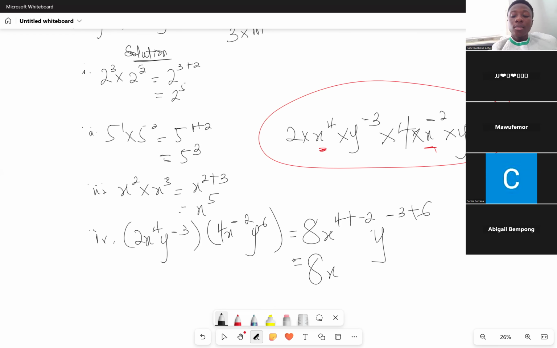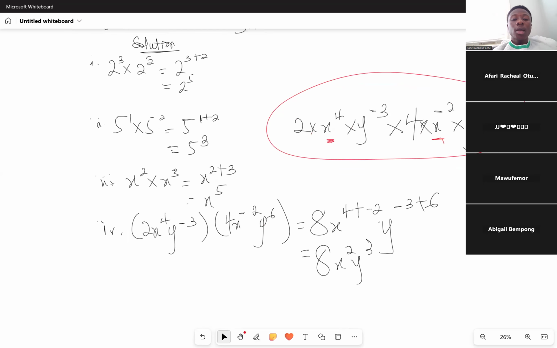What are you getting? 2. Then y, minus 3 plus 6. What are you getting? 3. Don't stress your hair so much. Please use the calculator. And that is it. There's a simplification.